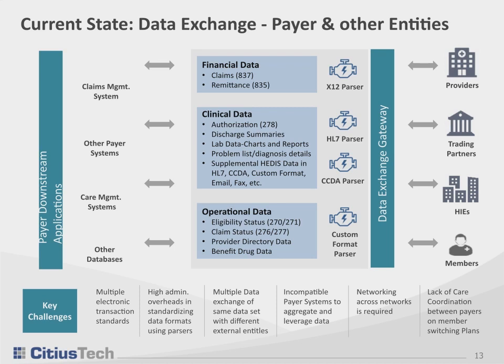Thus, through this CMS rule or initiative, which recommends one standard format for data exchange, that is FHIR. So thus this rule, when it comes and brings the FHIR-enabled APIs, will help the payers to come out of this messy situation and help in building a connected and interoperable healthcare ecosystem to fully realize the benefits of digital health.